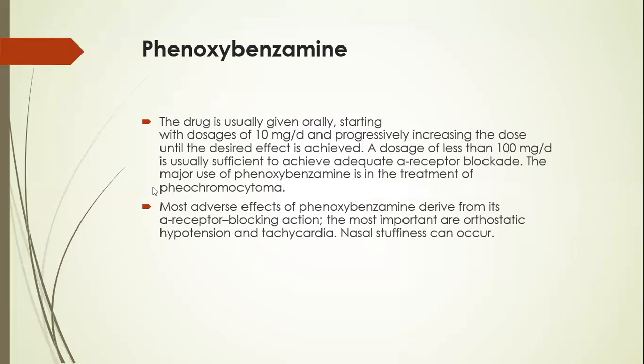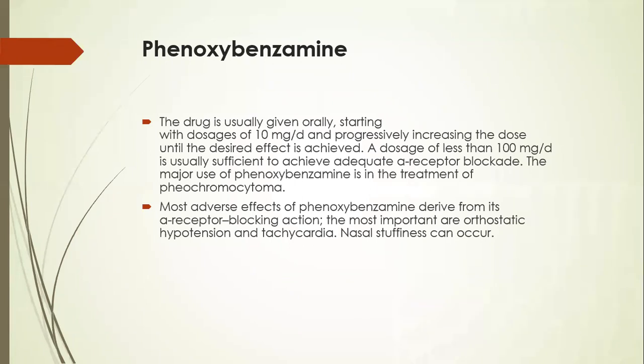Now, we have already talked about what pheochromocytoma is: the appearance of tumors in the adrenal medulla. When tumors are created in there, there will be a rise in pressure. Now, you should not confuse it with paraganglioma. Paraganglioma is different, and pheochromocytoma is different.